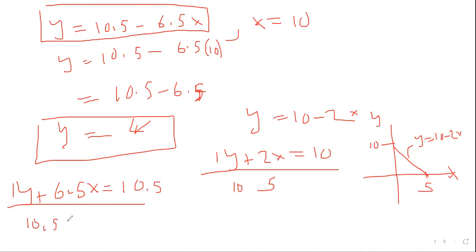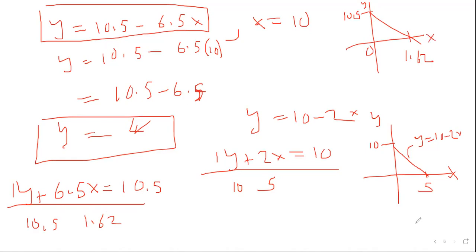Then 10.5, we divide by 6.5, we get 1.62. So to sketch this, we're going to have on the y 10.5, on the x 1.62. This is how you sketch it.